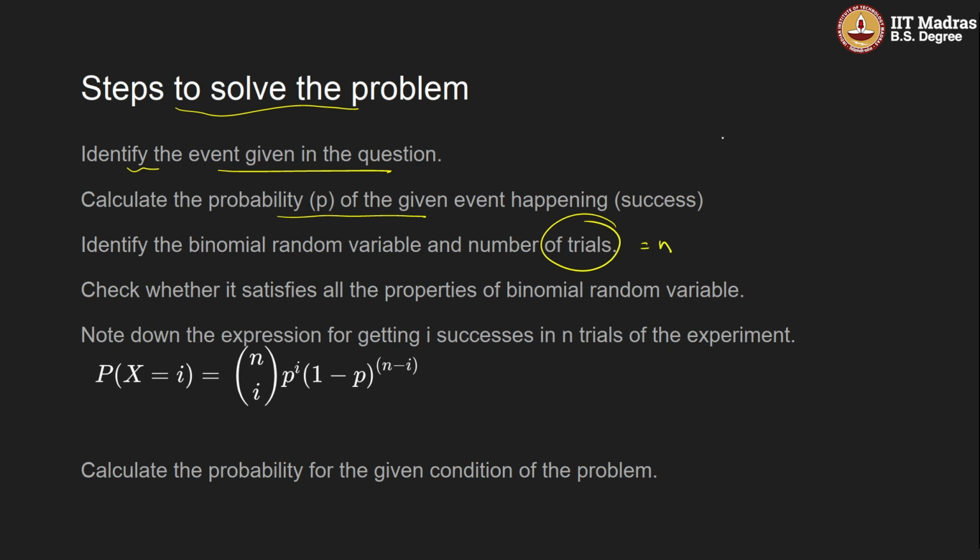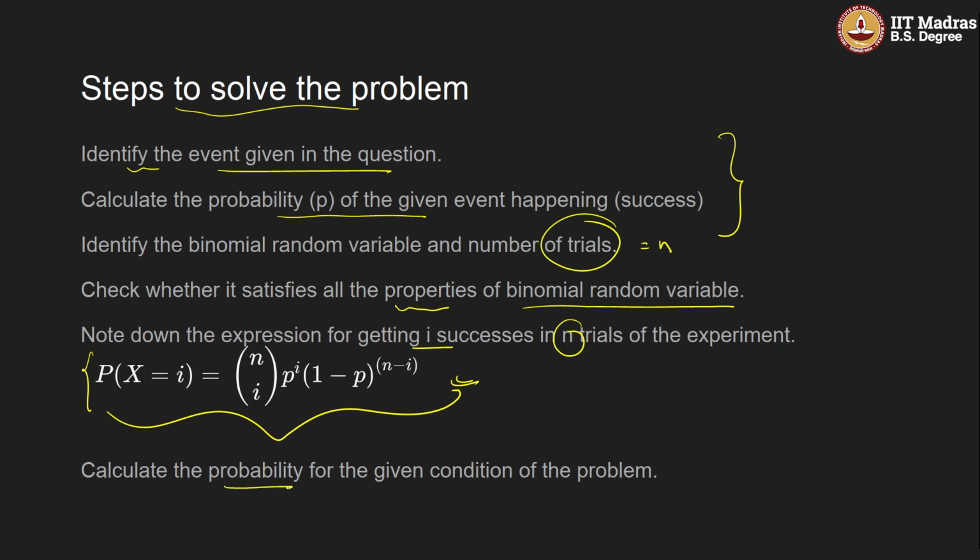We check for all the properties, and if all are satisfied, then it will be a binomial random variable. Then we can use the PMF, or the expression for the binomial distribution. The expression for getting i successes in n trials is given as this. So we can use this PMF and calculate the probabilities.